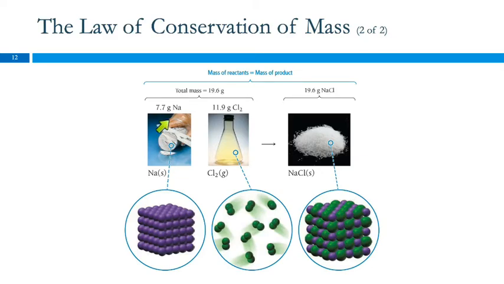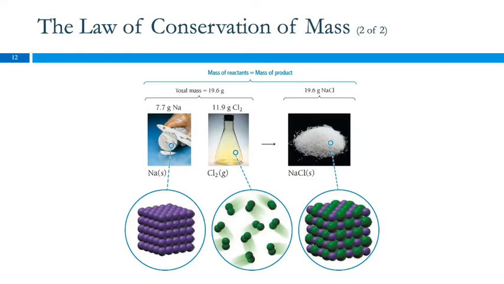So, if we took 7.7 grams of sodium and 11.9 grams of chlorine, that's a total mass of 19.6 grams. We react these chemically, and we get table salt. Now, sodium metal reacts violently with water, so you wouldn't want to ingest that.